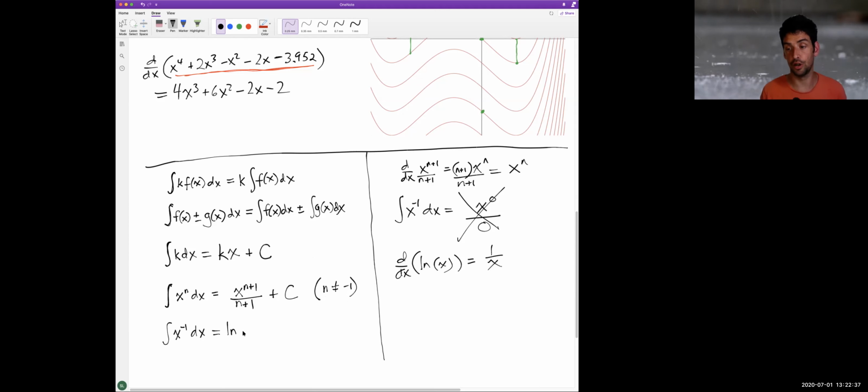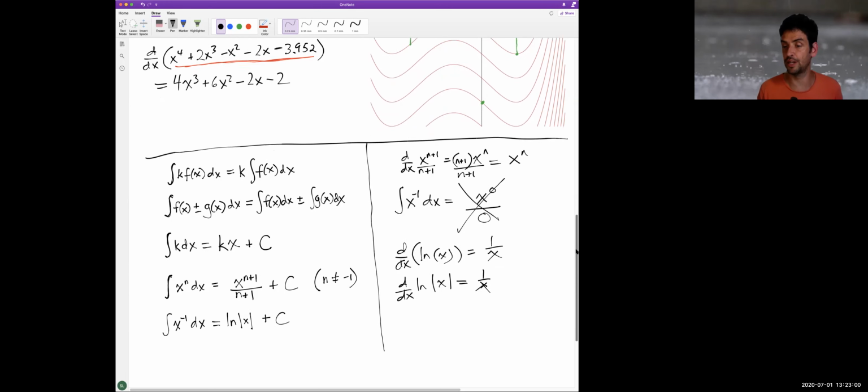We get the natural log, and it turns out we have to do absolute value of x, because this is also true, and this is the most general form of that antiderivative, right? We're trying to find the most general form, right? We don't want one specific, we want the kind of largest family of functions.